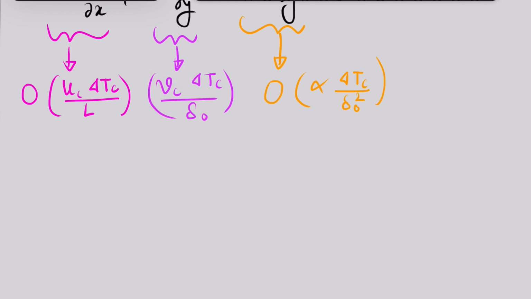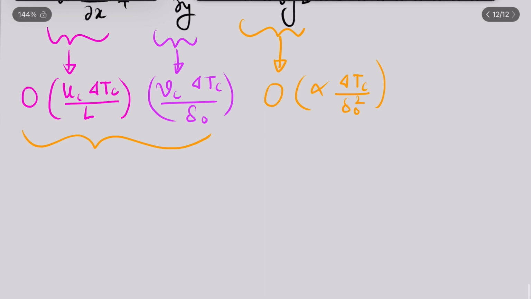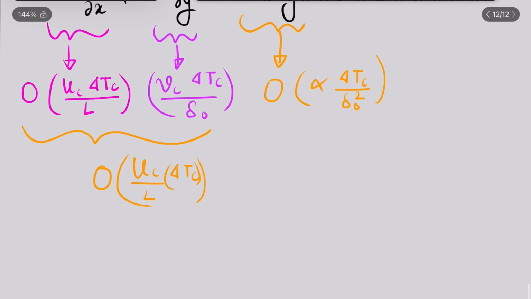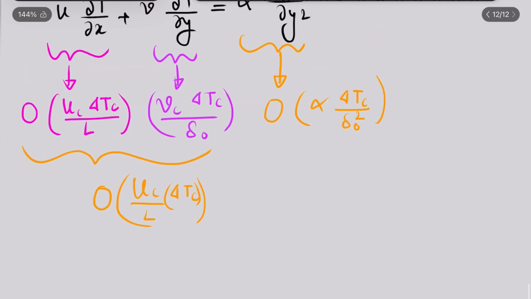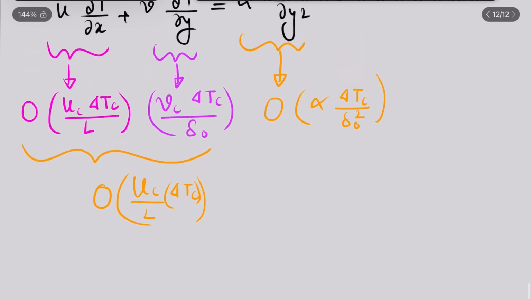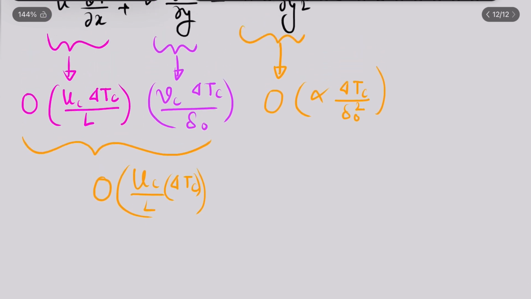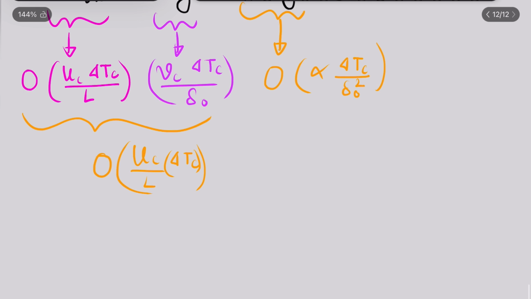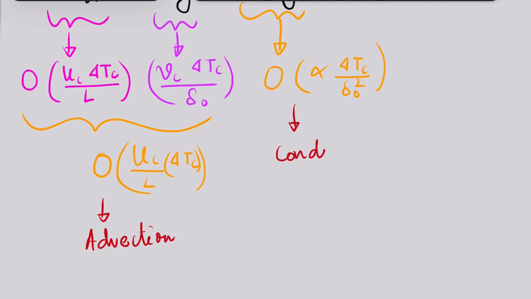That means both of these terms I can write as order of UC by L into delta TC. Clear? So again here we have two types of terms. This one is the advection term and this is the conduction term.